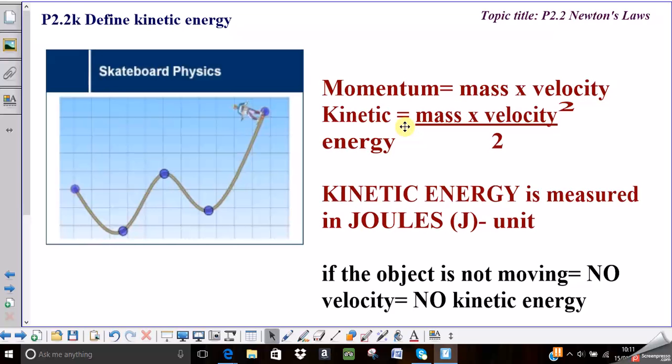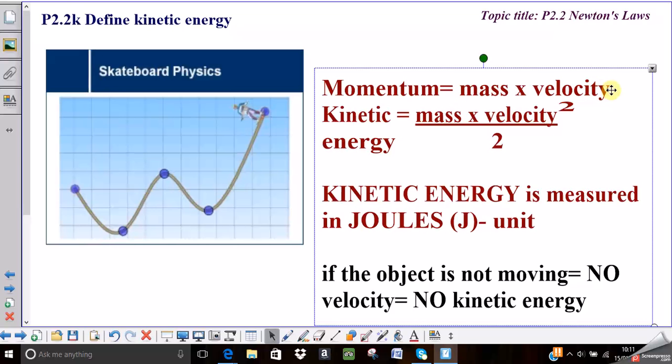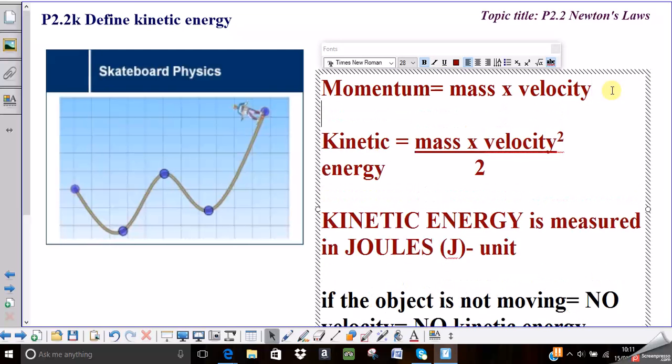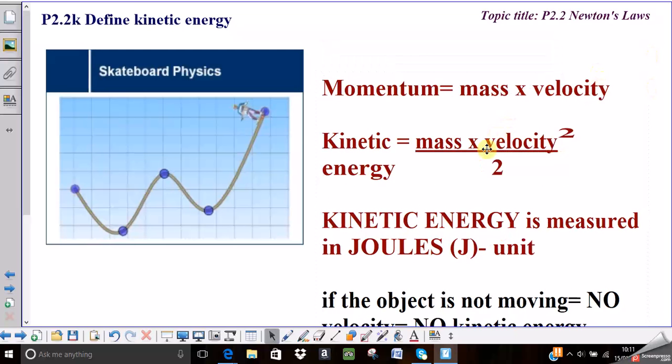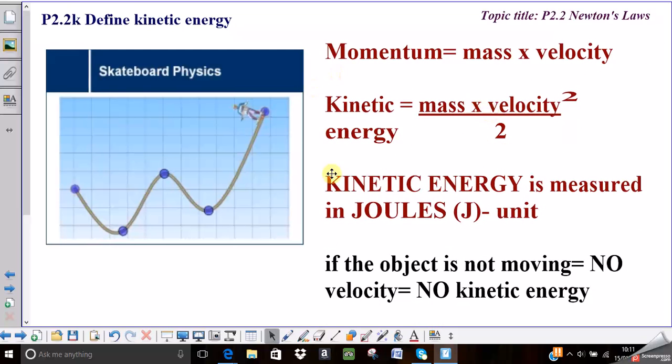Now, if I'm calculating the energy of motion, the kinetic energy of the skateboarder, it is going to be calculated through the formula mass times velocity. You see this part is exactly identical to momentum, just we're going to have a square for velocity, so it's going to be velocity squared, and everything will be divided by 2.